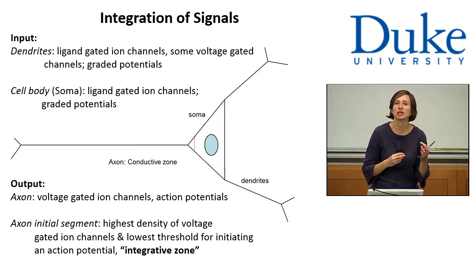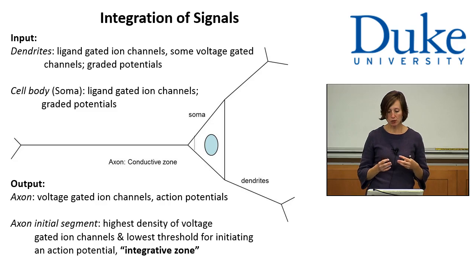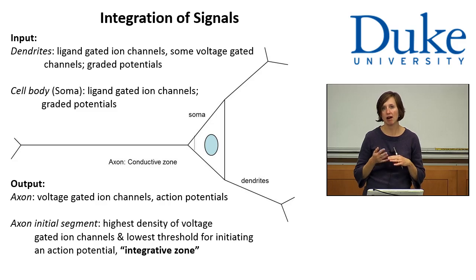So this is where we're going to talk about the different parts of the neuron and what channels are expressed where. So really, to make things simple, you can think about the fact that the dendrites and the cell bodies are going to tend to have ligand-gated ion channels, which means these are going to be the parts of the neuron that are going to be responsive to neurotransmitter.